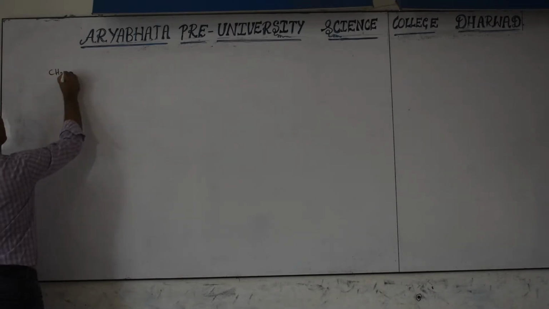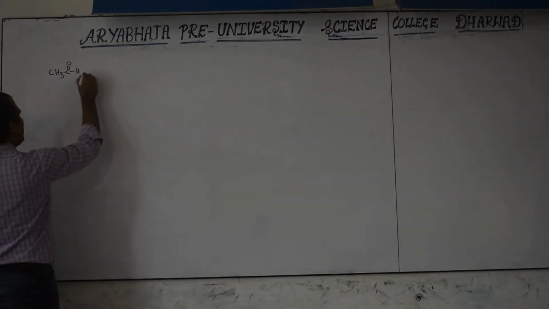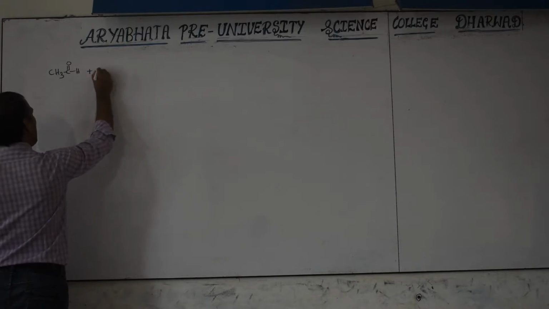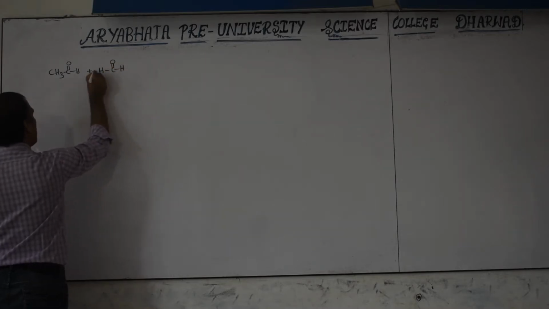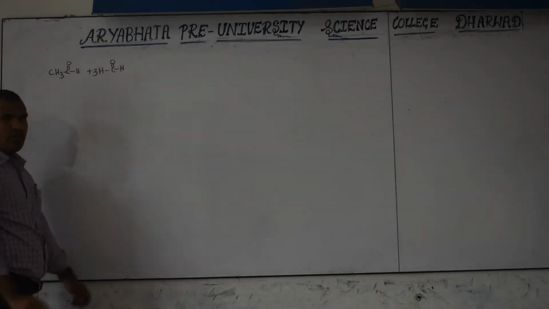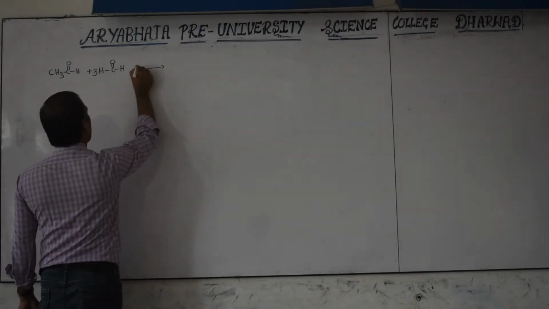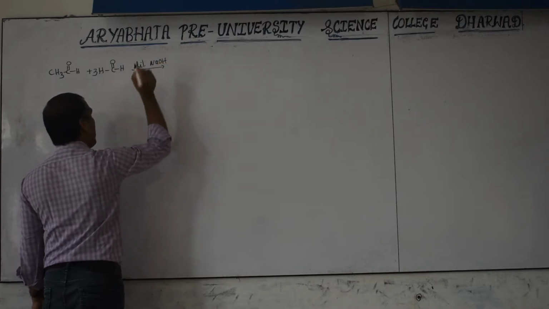CH3 C double bond OH. This is acetaldehyde. This acetaldehyde reacts with formaldehyde, 3 moles, in the presence of dilute NaOH or KOH.